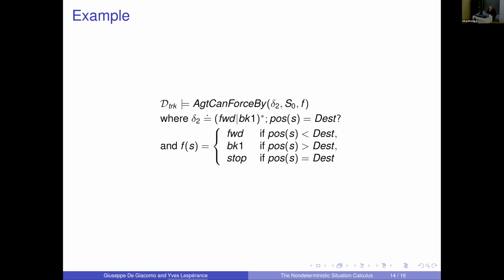Here's a little example. Suppose we have a program that says either do forward or back by 1, zero or more times, until your position is a particular destination.